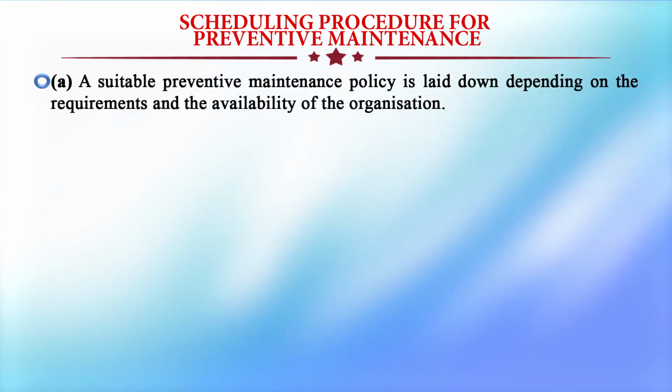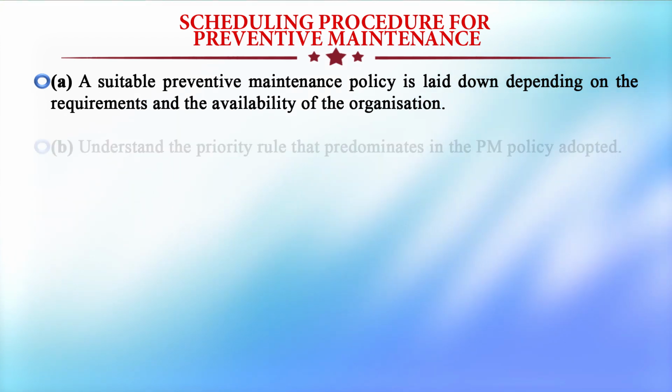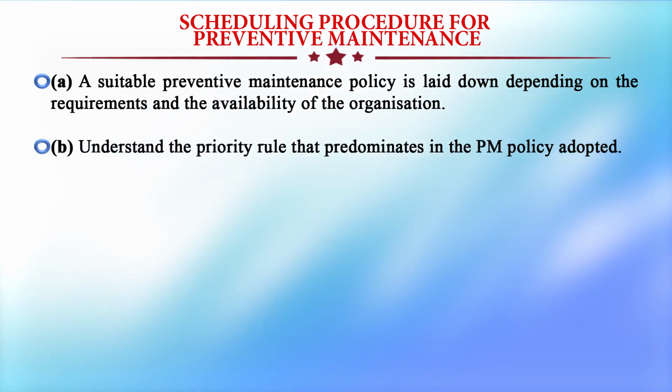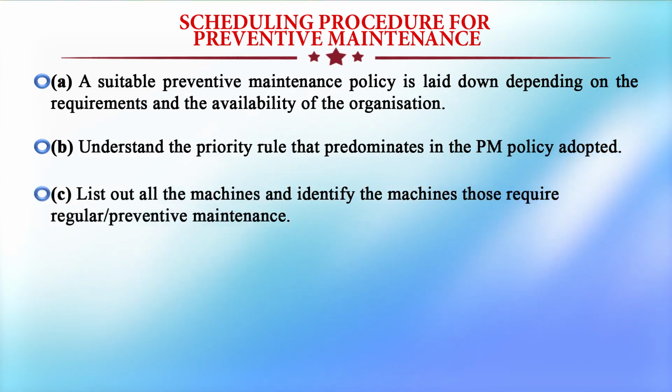A suitable preventive maintenance policy is laid down depending upon the requirements and availability of the organization or the people. Understand the priority rule that predominates in the preventive maintenance policy adopted. List out all the machines and identify the machines that require regular or preventive maintenance.